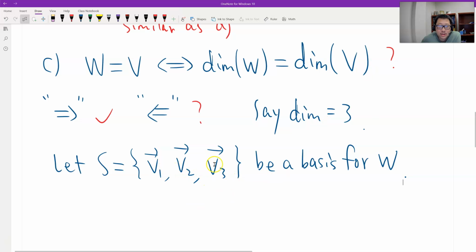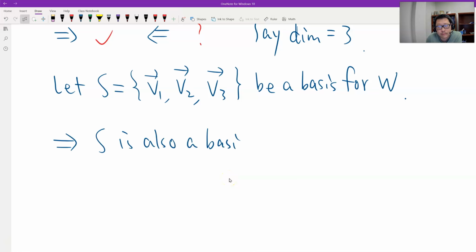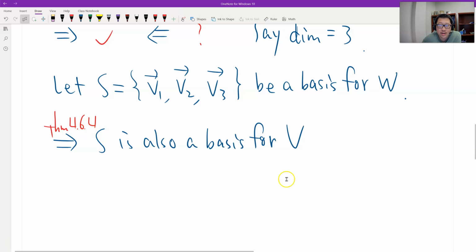These 3 vectors should also be in the whole space, and the whole space still has dimension 3. These 3 vectors are a basis for W, therefore also a basis for V, because the number equals the dimension and V1, V2, V3 is linearly independent, right? That's by Theorem 4.6.4, we have that result before.